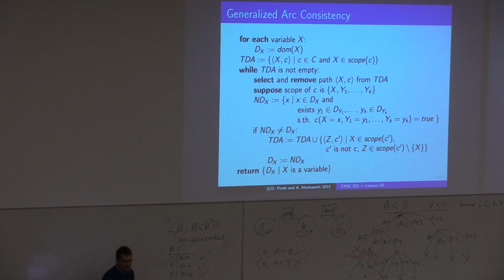If the new domain of x is different to the old domain of x, we may need to add some more arcs on. Okay? So that's the algorithm that we just showed in that previous example. And we're going to keep doing that until the to-do arcs is empty. All the arcs turn green.